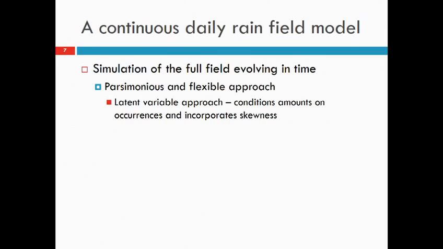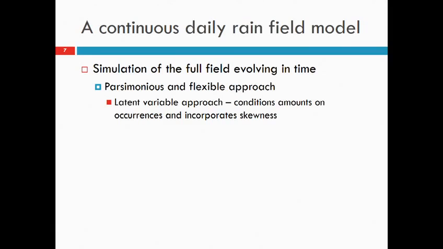So today I present to you a continuous daily rainfall field model that simulates the full rain field evolving in time, but using a parsimonious and flexible latent variable approach. It's parsimonious because the amounts and the occurrences are simulated using one distribution, which also incorporates skewness.